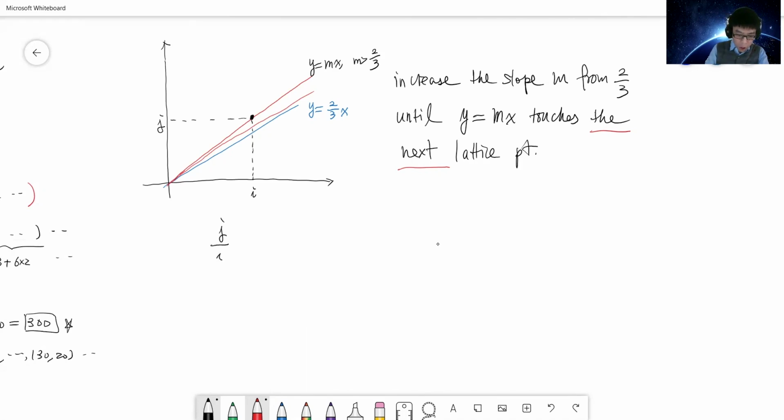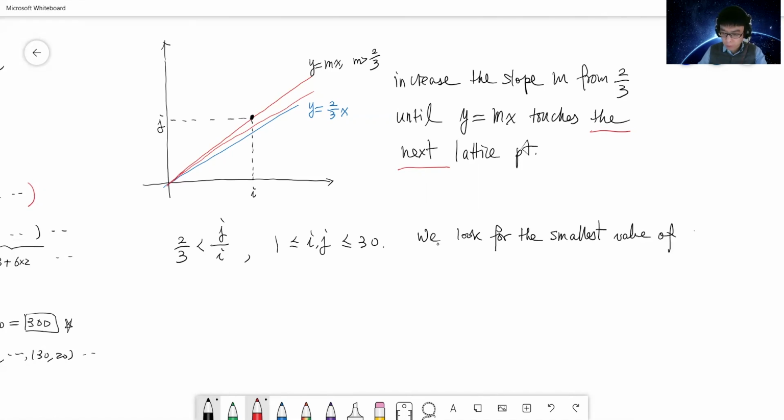So j over i is larger than 2/3, and i, j are between 1 and 30. We need to find the smallest value of j over i. That's the upper bound of the slope m.